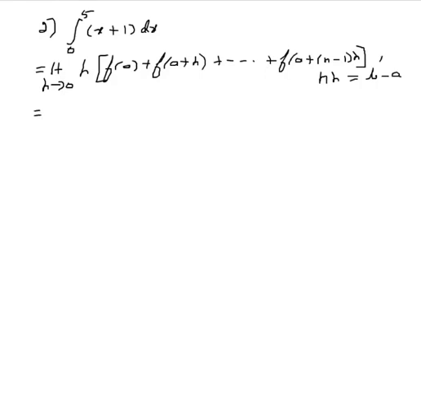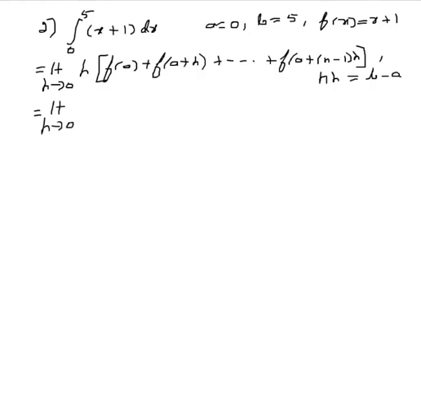Next, second step is substituting the values of a and b. Don't carry out the calculations with the letters a and b. Substitute. a is 0 in this case, b is 5, and f of x is x plus 1, the given function.